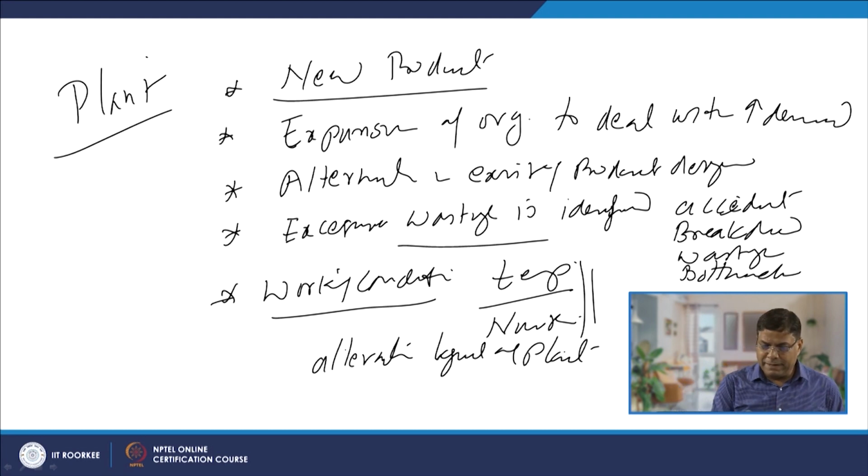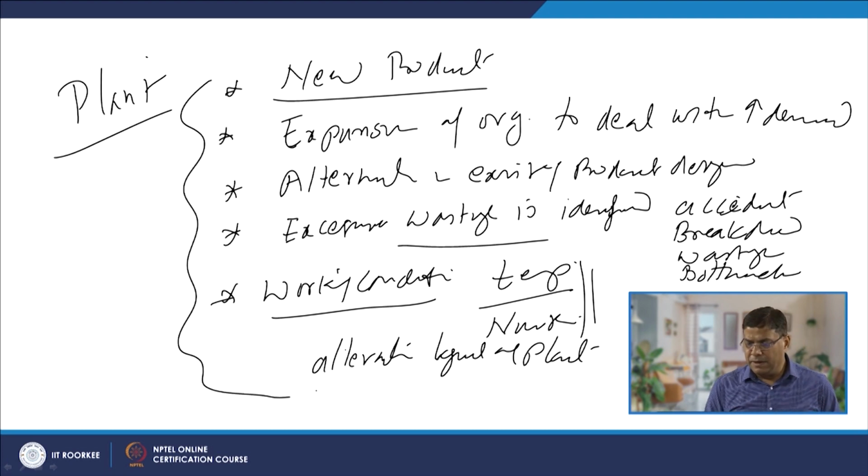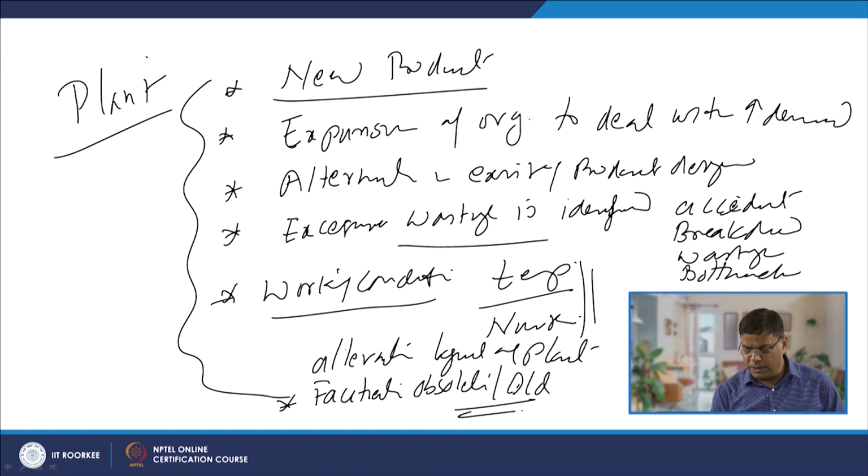So, these are the different conditions under which it may be required to review the existing layout. There is one more possibility, that the facilities have become very old, obsolete. So, it is required to come up with newer infrastructure which may require a different kind of arrangement of the facilities.